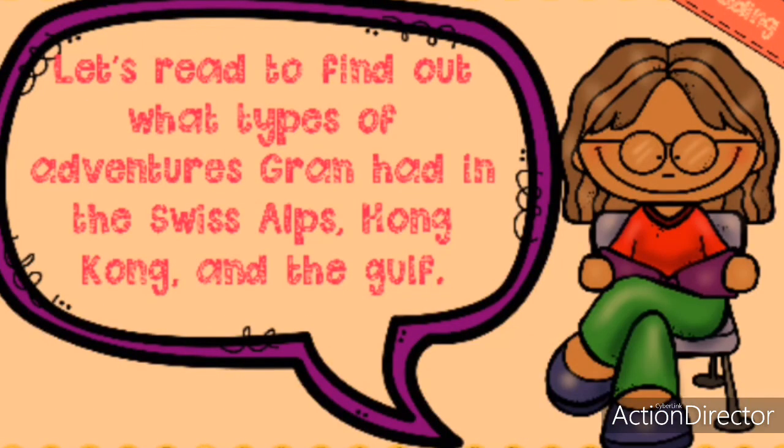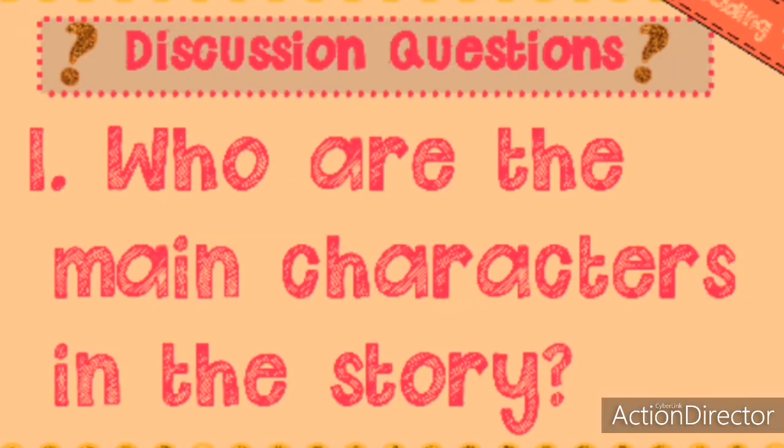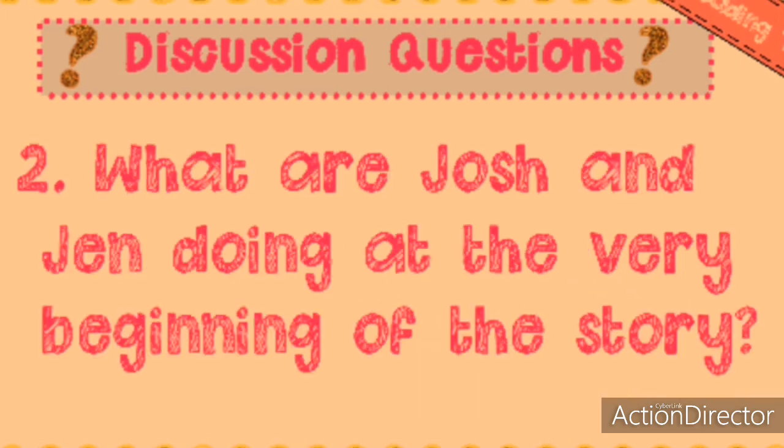Now let's read to find out what type of adventures Gran had in the Swiss Alps, Hong Kong, and the Gulf. Now the questions should be: who are the main characters in the story? As we read through the story, I want you to have the main characters in mind.